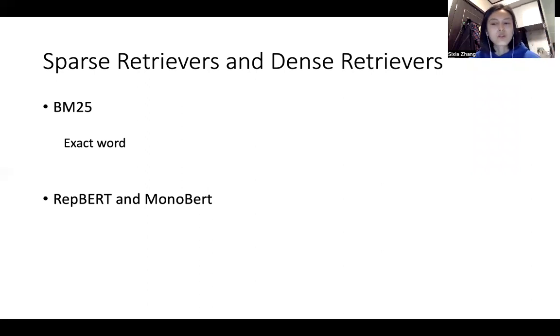It takes the exact words in the query and tries to match them with the related passages, and returns the passages most similar to the queries.